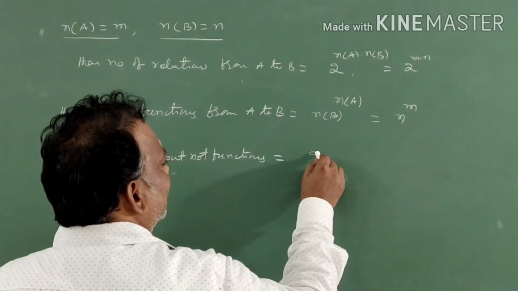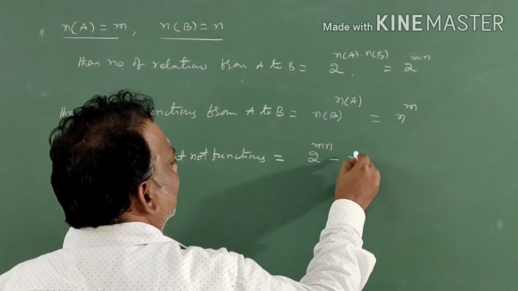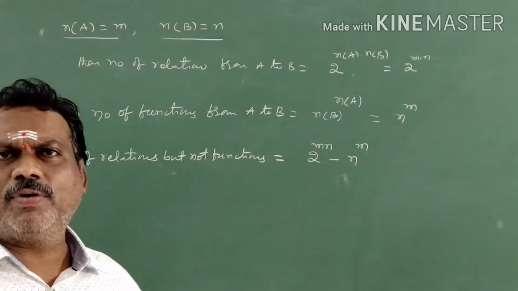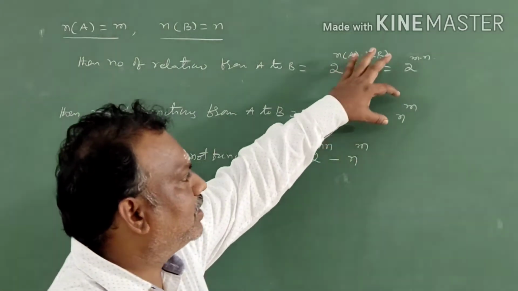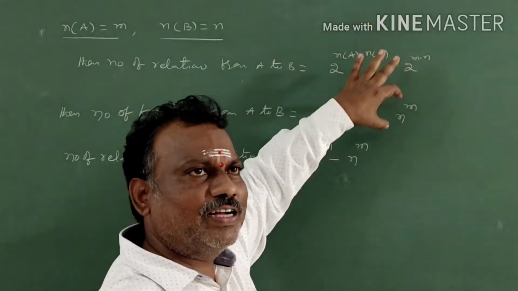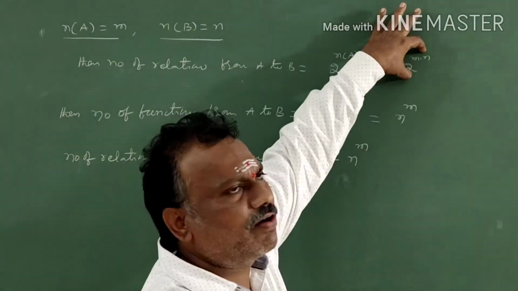So total relations are 2 to the power of mn. From that you have to subtract the number of functions, then you will get the number of relations but not functions. Correct or not? Functions are also relations, that means these functions are also involved here.